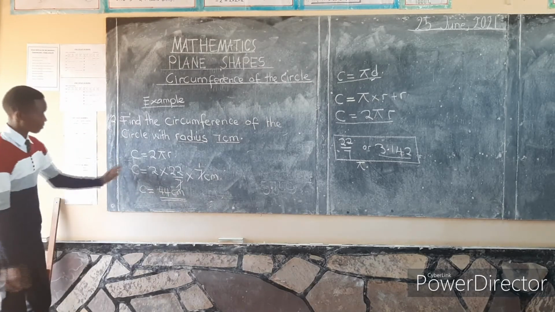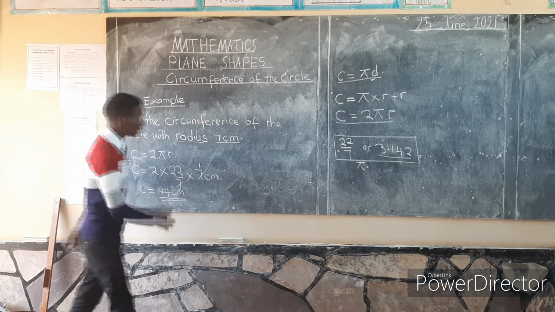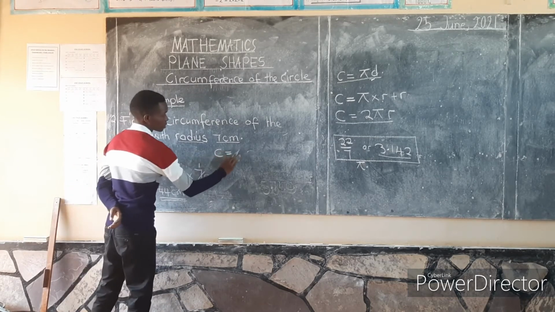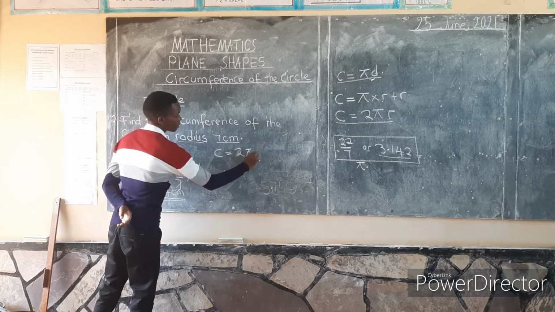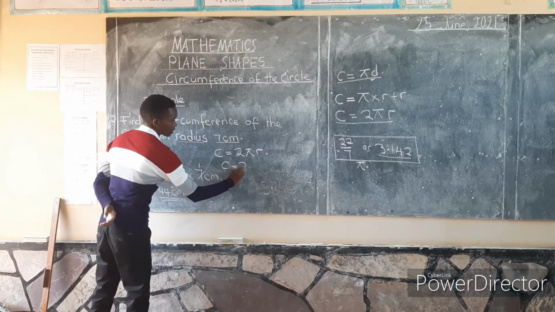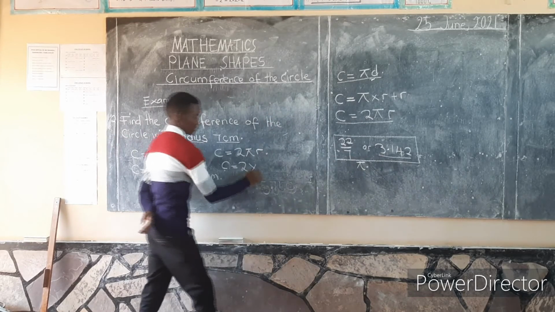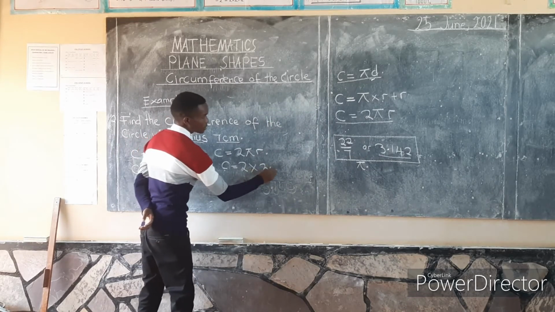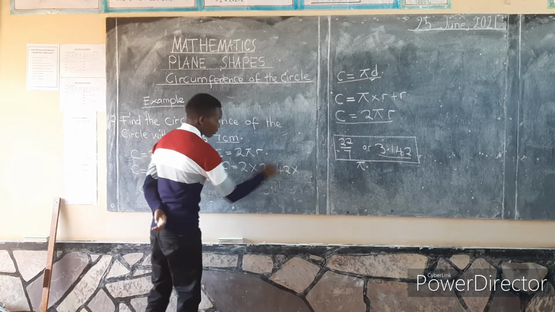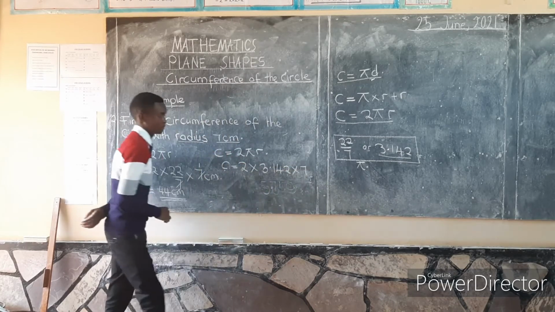Now, with the same question, let's try to use this one that has the decimals. So I'll say circumference is equal to 2 pi r, where circumference is equal to 2 times, where there is pi, I'll now use 3.142 times, where there is r, I'll put a 7, times 7.